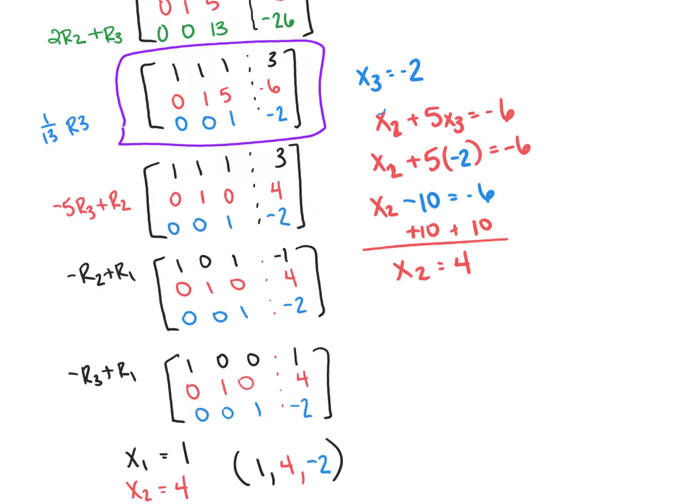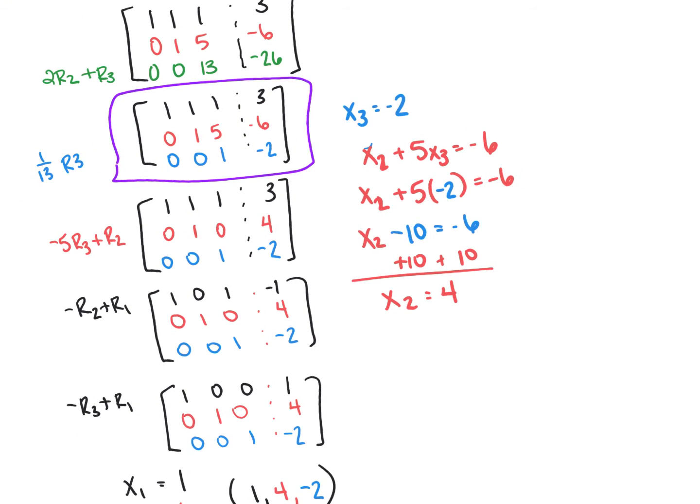And now what do I know from the same matrix? What do I see up here? Well, now I see that x1 plus x2 plus x3 is equal to 3, right? Well, what is x2? 4. What is x3? Negative 2. That equals 3.